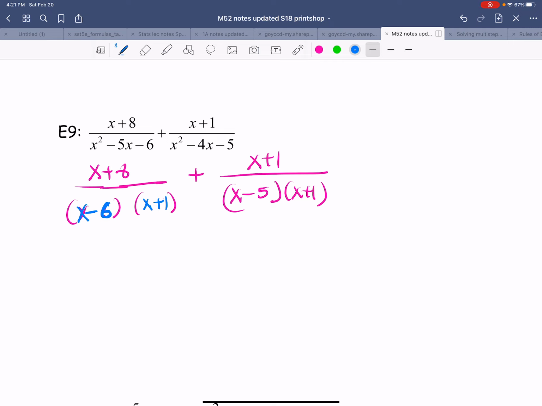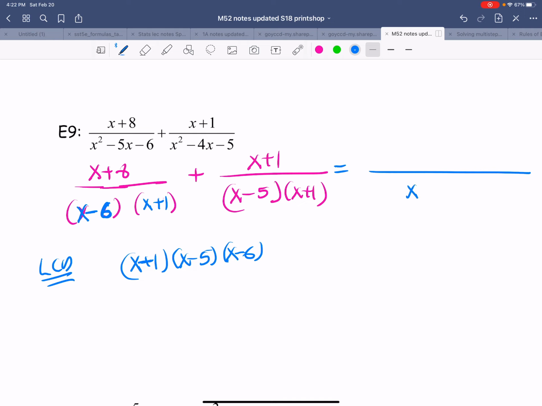Yeah, we wanted them to add up to −5. Now, let's see what's going to be the LCD in this case. Just by looking at them, we can tell the common denominator gets each unique factor raised to the highest exponent. So we're going to have an x − 5, an x − 6, and an x + 1. So I'm going to write this entire fraction with the LCD as my denominator.